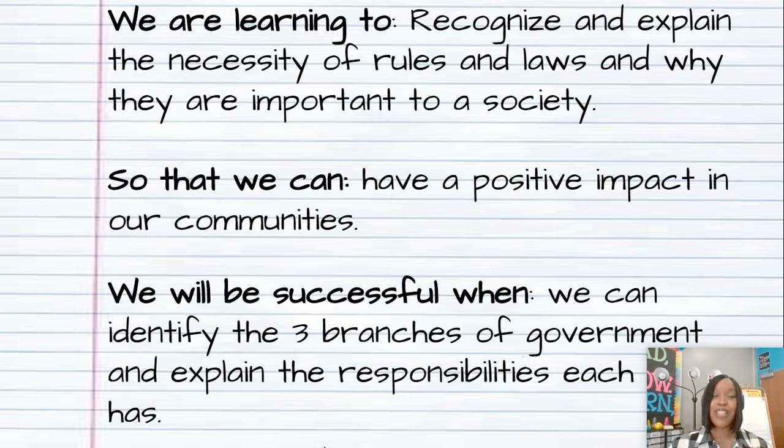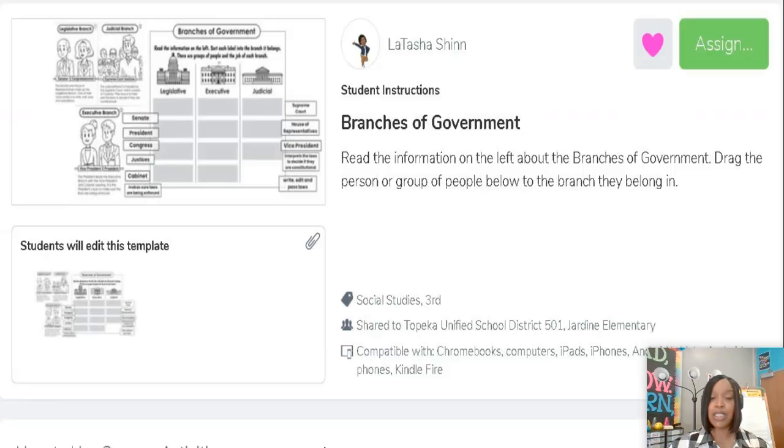All right, friends. So today we learned to recognize and explain the necessity of rules and laws and why they are important to a society so that we can have a positive impact in our communities. We will be successful when we can identify the three branches of government and explain the responsibility each branch has.